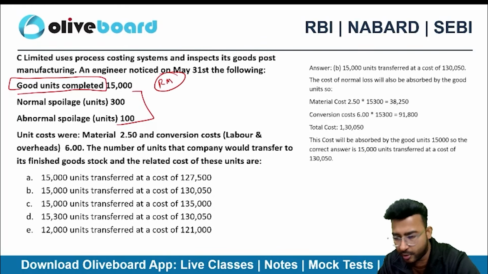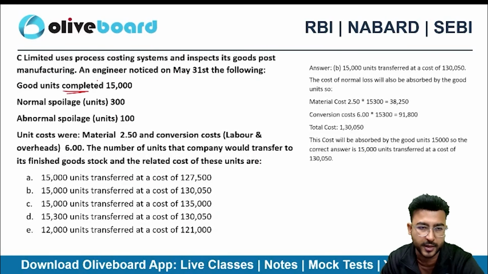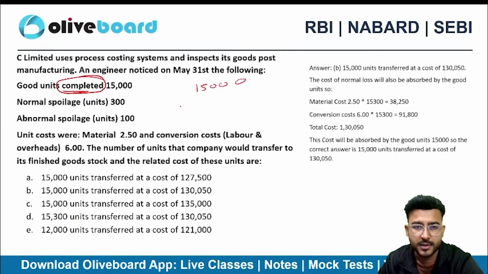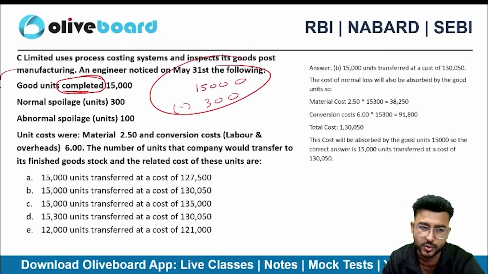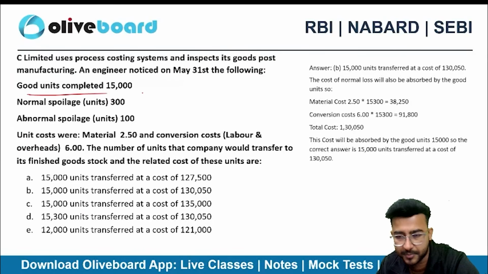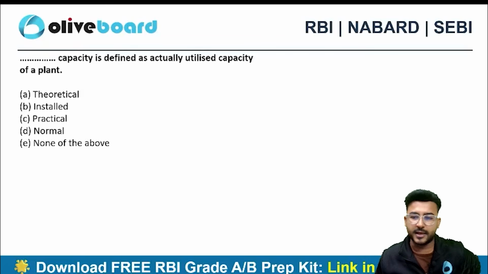So this can never be inclusive of normal loss and abnormal loss because they are already completed. One mistake that students can make in the examination is to consider that 15,000 is inclusive of everything, so we need to deduct normal loss, abnormal loss, and so on. It won't be like that because it is goods completed. That's why we have directly taken 15,000.